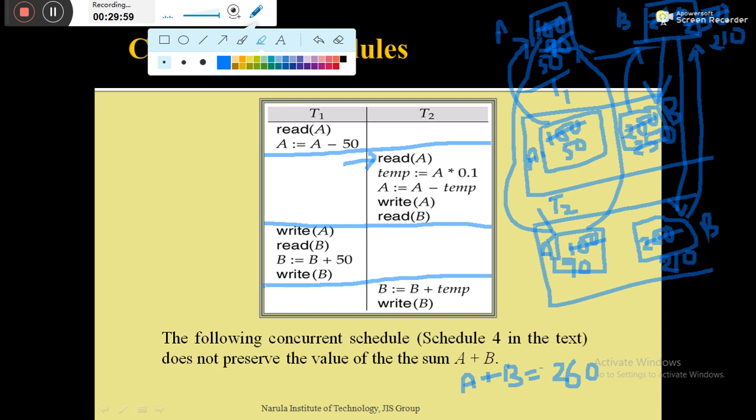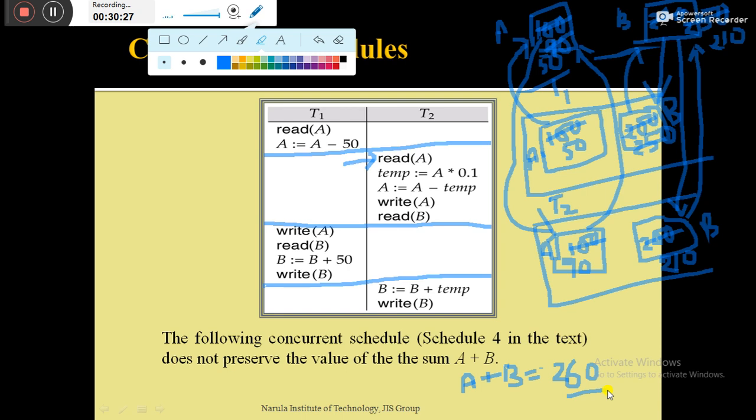But once the transactions were executed concurrently by the CPU and the execution was successful, the sum of A and B we get is 260. It was 300 before the transactions executed, but once the transactions complete their execution successfully, we are getting 260, which means 40 rupees get destroyed.